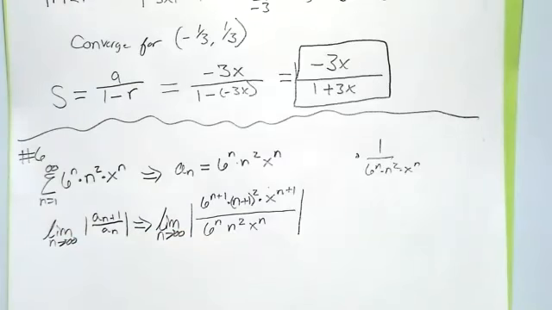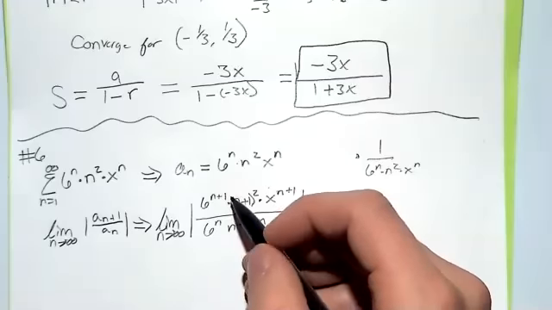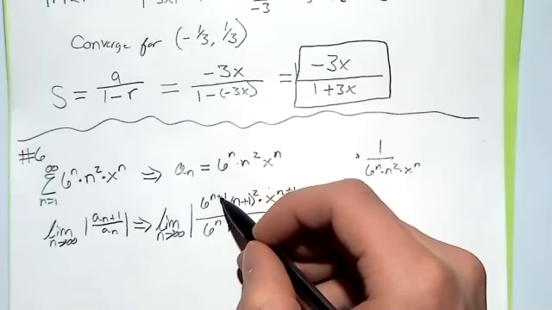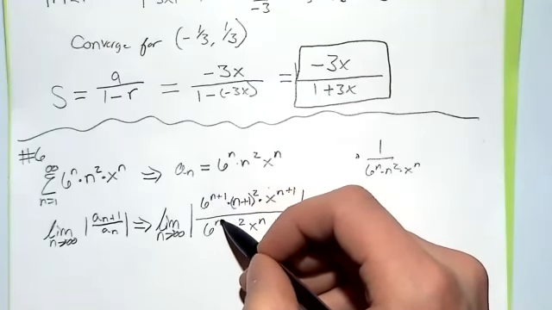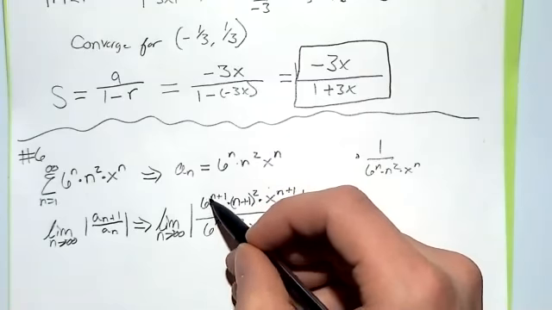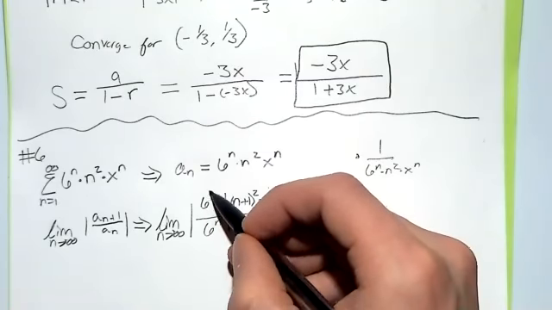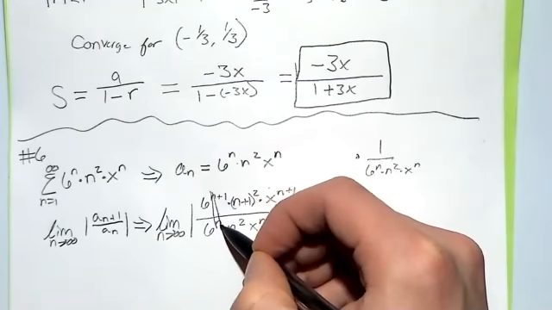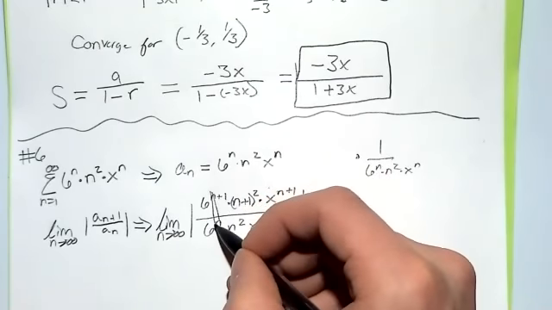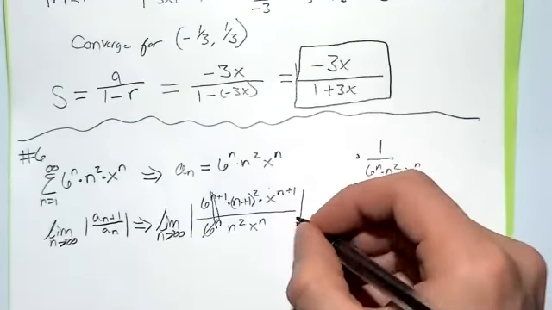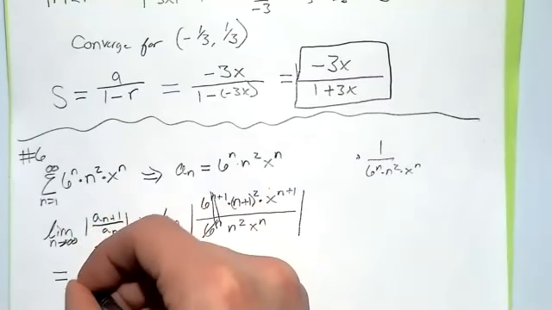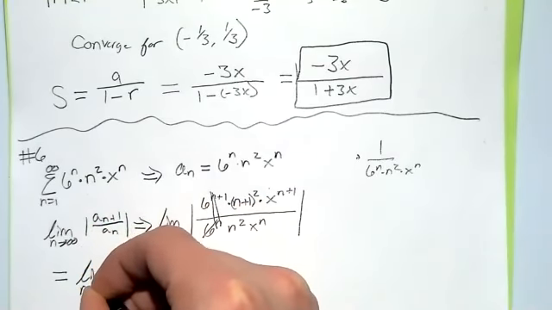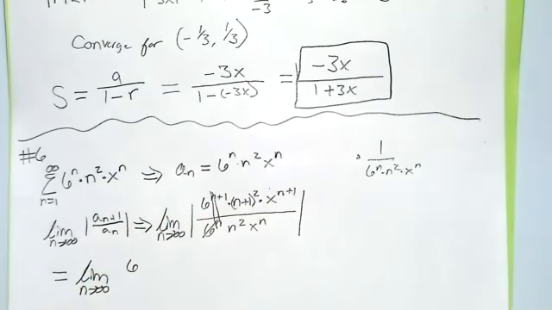So now let's take a look at what we got going on here. What's going to cancel? Well, right away, this 6 to the n plus 1 divided by 6 to the n, we have one more 6 on top than we do on the bottom. So I'm going to cross off these n's, and we just have 6 to the 1, so I'm going to cross off that 6 as well. So I'm going to do the limit as n approaches infinity of 6 on the top.